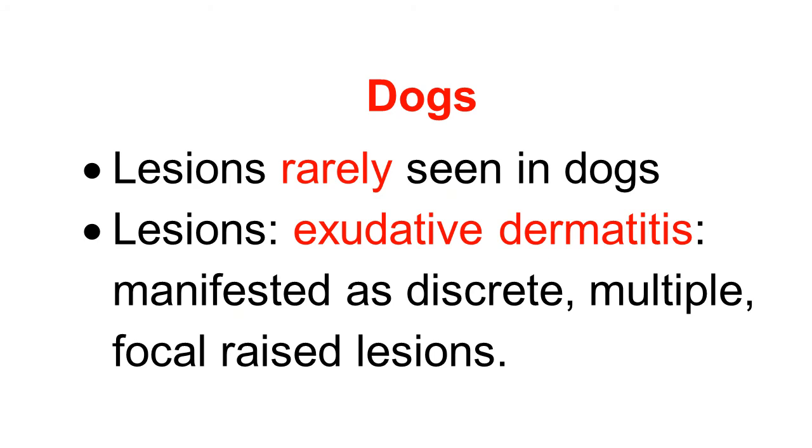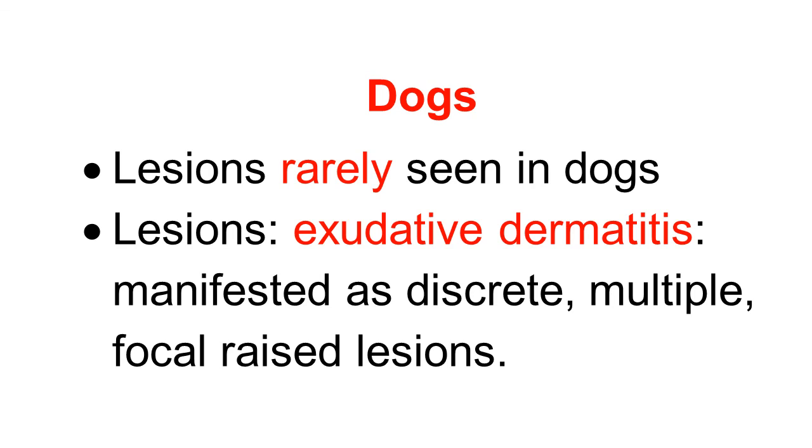Clinical signs in dogs. Dogs rarely suffer from dermatophilosis, very rarely. But when it occurs, the lesions are exudative dermatitis. There is dermatitis and plenty of exudation. The exudate mats with the hairs and is manifested as discrete separate lesions.